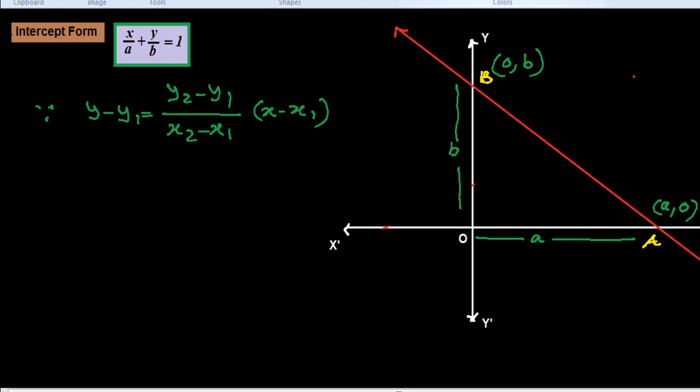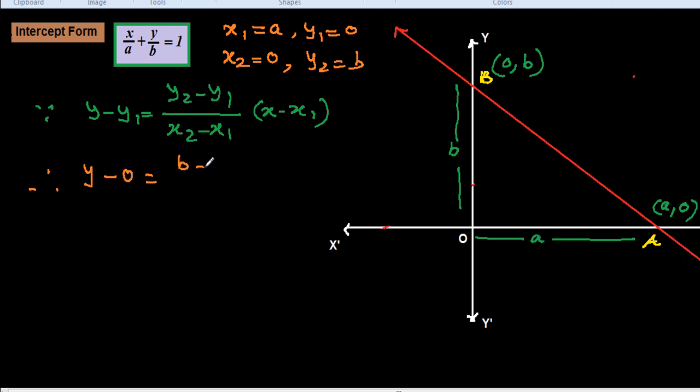Now we just have to put the values here, because x1 is equal to a, y1 is equal to 0, x2 is equal to 0, and y2 is equal to b. So y minus 0 is equal to b minus 0 over 0 minus a, times x minus a.